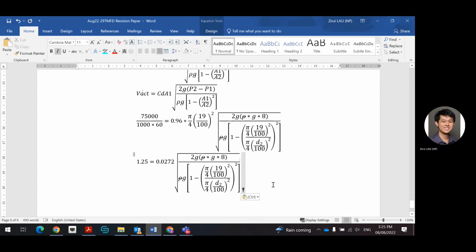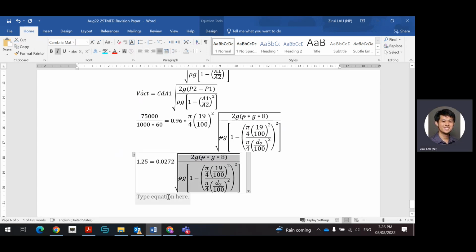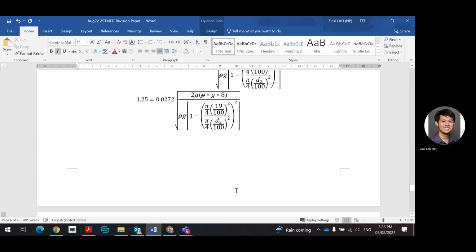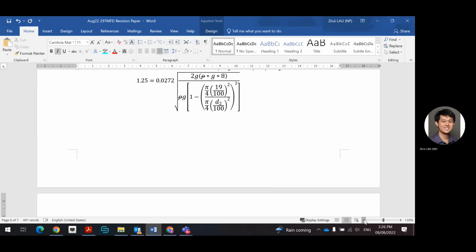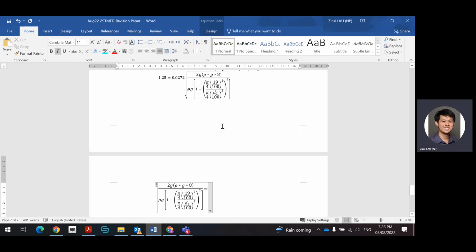Then whatever that is inside here. So this will be 2111.9.